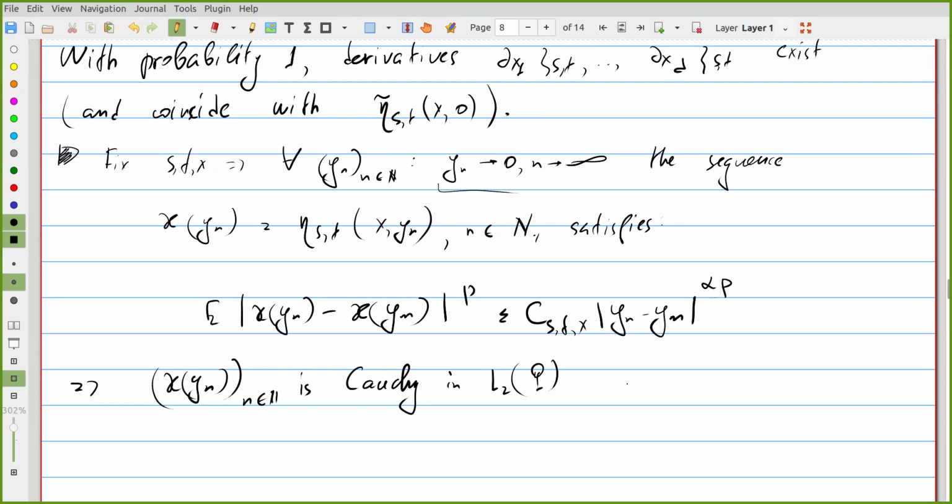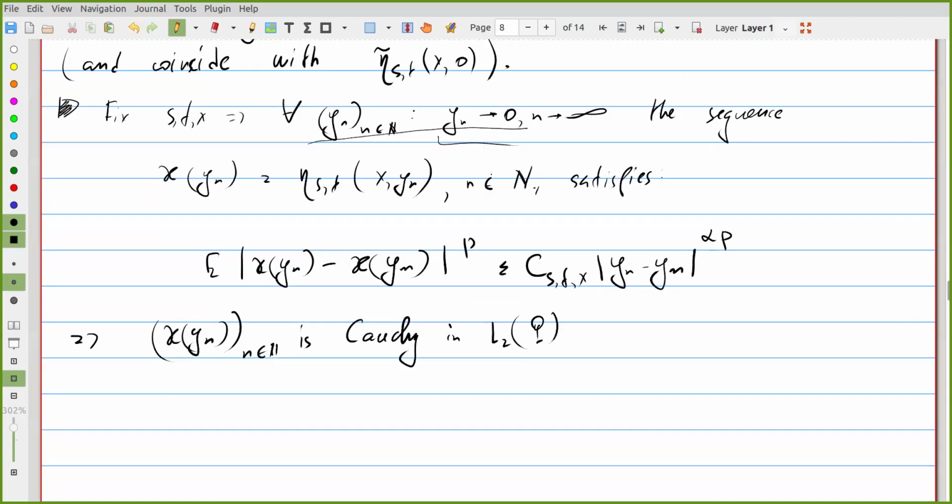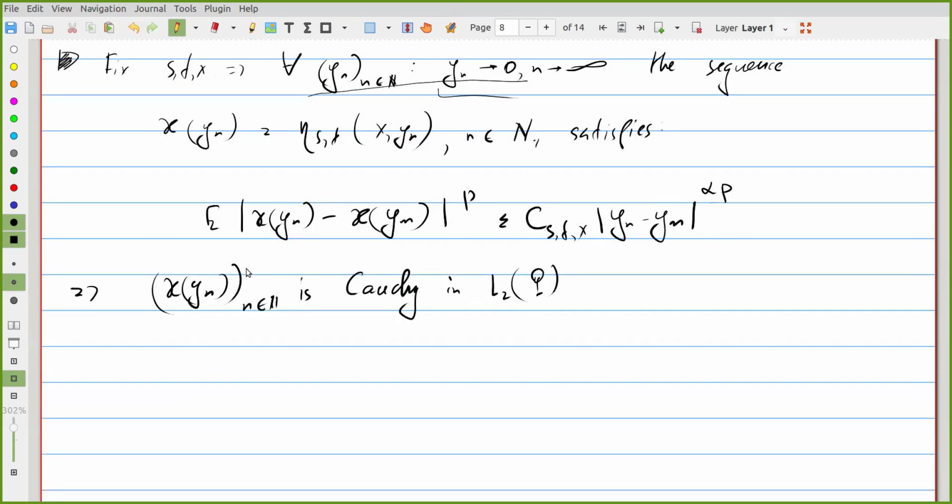Now, for any other sequence that satisfies the same relation, that is convergent to zero, these two limits are going to coincide almost surely because they are L2 limits. Now, we can take any sequence, say dyadic numbers or whatever you want, and that means that we obtain at least some limit for this fixed s, t and x of these expressions.